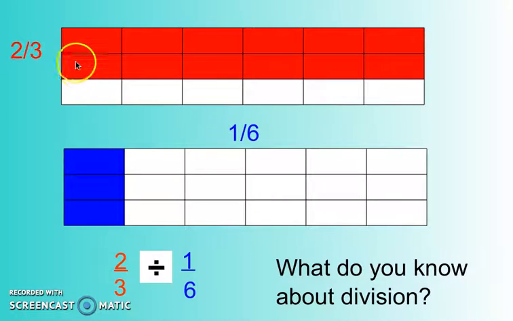And out of those 3 equal rows, how many are shaded? Well, there's 2 full rows that are shaded out of 3. Excellent. Now, over here, if you look at this rectangle, notice there's 6 equal columns, and 1/6 is shaded. 1 column out of 6 columns is shaded.